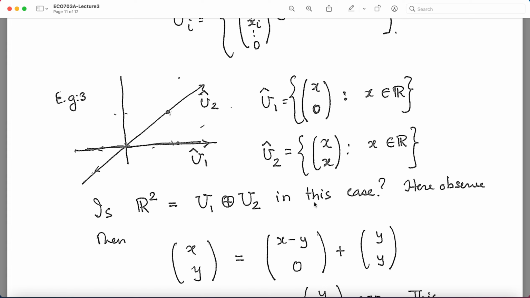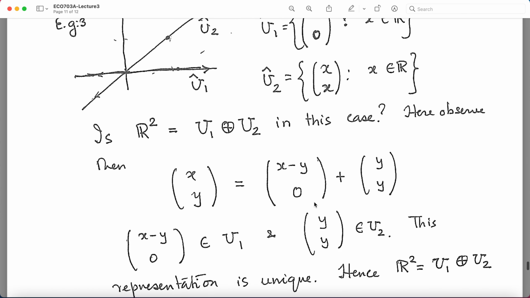Is R2 a direct sum in this case of U1 hat and U2 hat? Can (x, y) be written in a unique way using elements of the x axis, U1 hat, and the subspace U2 hat consisting of (x, x)? Indeed yes, any (x, y) can be written as (x minus y, 0) plus (y, y), because adding these two vectors, x minus y plus y is x and 0 plus y is y. So, it will give me (x, y).